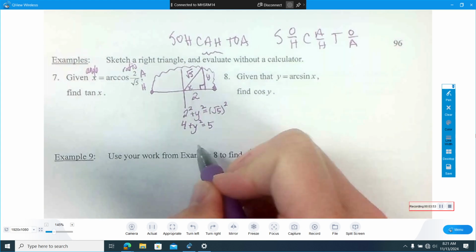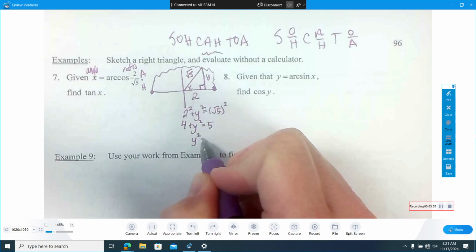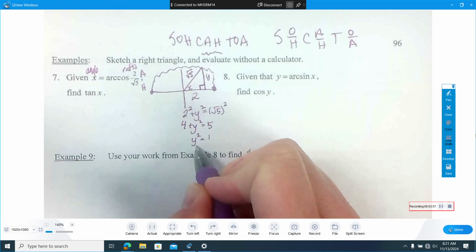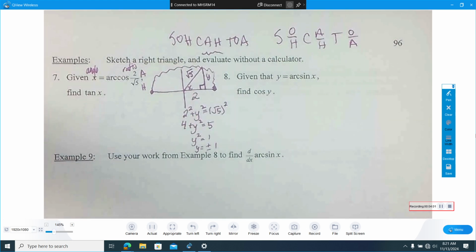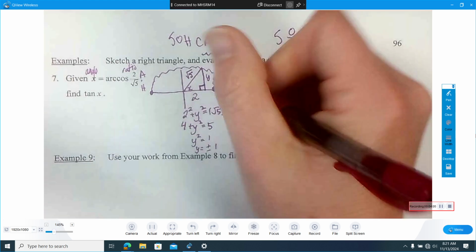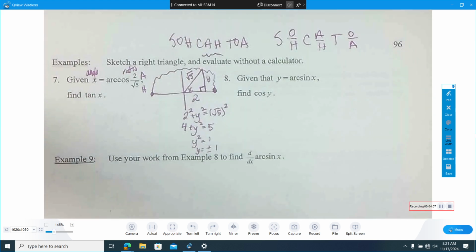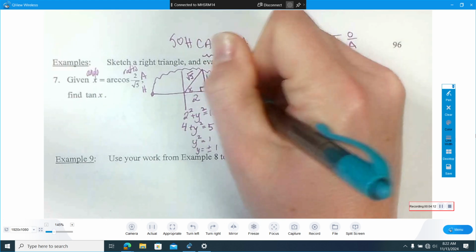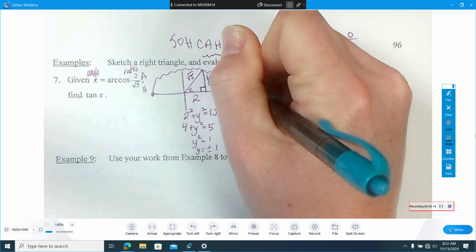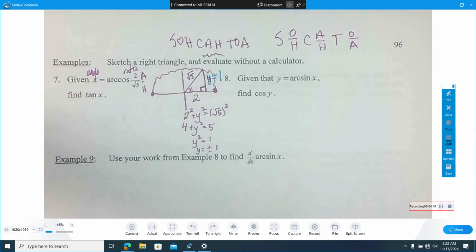Subtract the 4, so y squared equals 1, and taking a square root, y equals plus or minus 1. But we're in quadrant 1, so what must y be? Positive 1, because we're going up in quadrant 1. So we have 3 sides to the triangle.